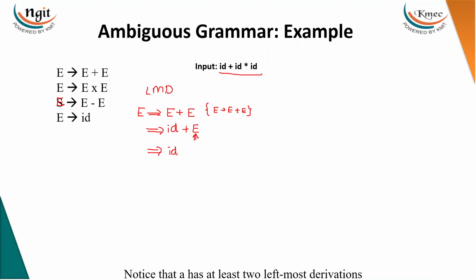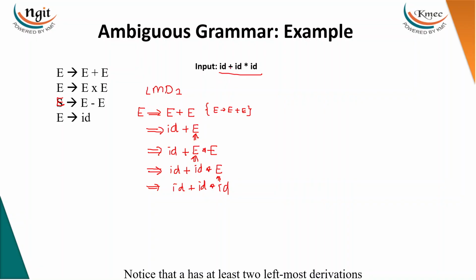Then id plus, we are expecting star, so you can write E star E. Then this is the leftmost non-terminal, and you are expecting after plus and before star id, so let me go with id star E. Then you can go with id plus id star id. So this is the leftmost derivation one to get this string.